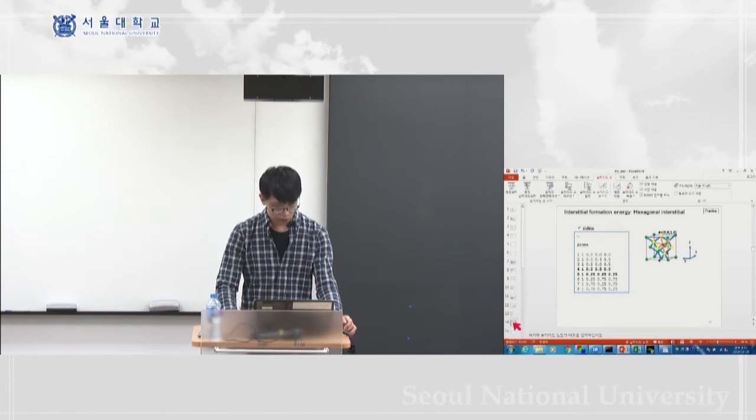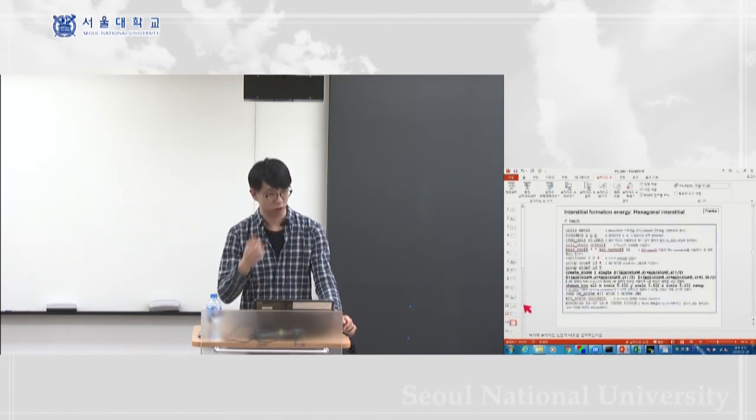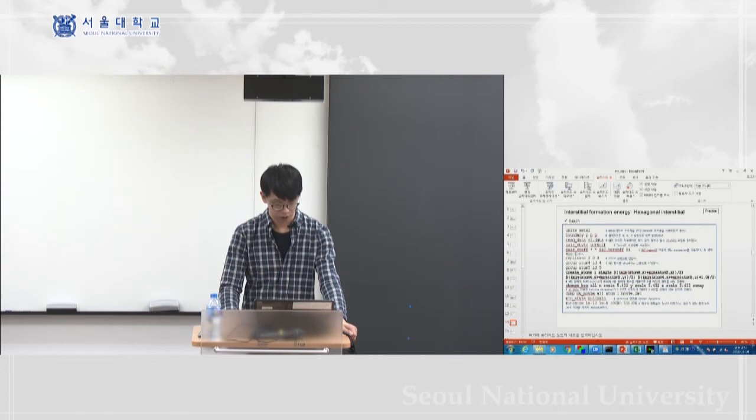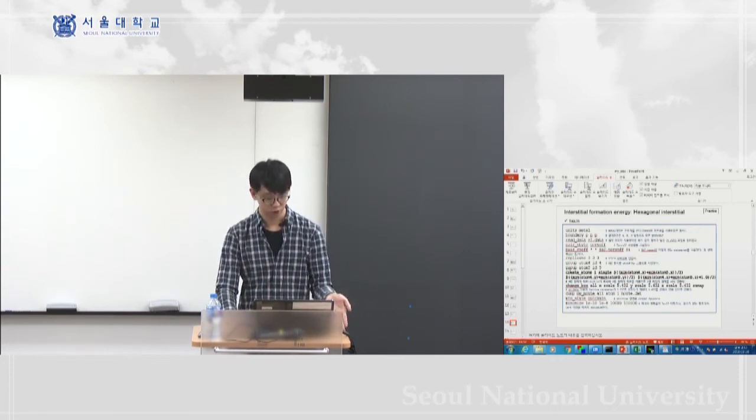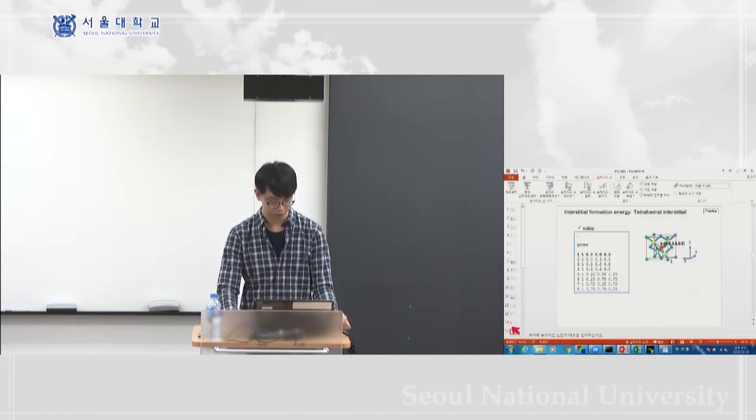And we can do the same with hexagonal and tetrahedral site interstitials, creating one atom in a certain position, which is the hexagonal or tetrahedral interstitial site.